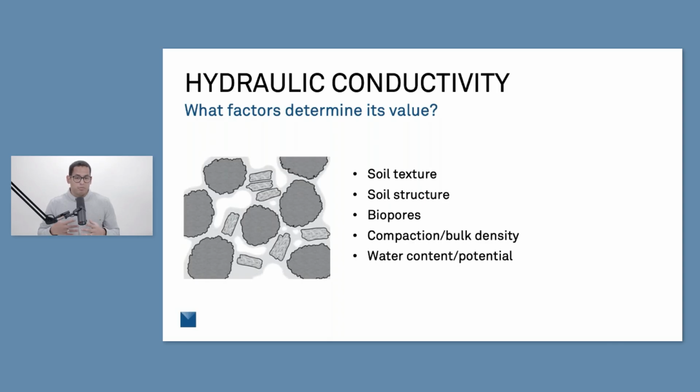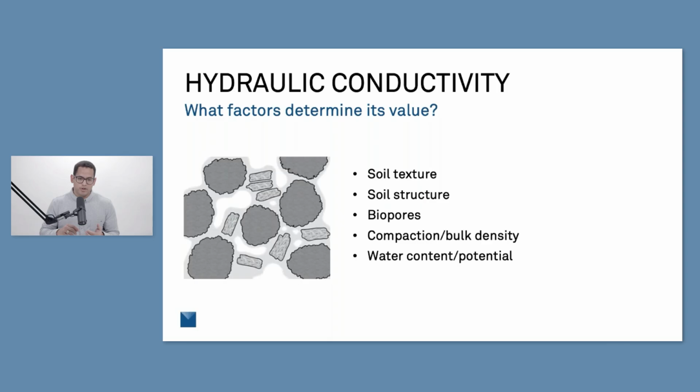Other things that really play a bigger role in what hydraulic conductivity can look like for soil is soil structure, biopores, so those are going to be things like worm channels, decayed root channels, things like that, compaction and bulk density.